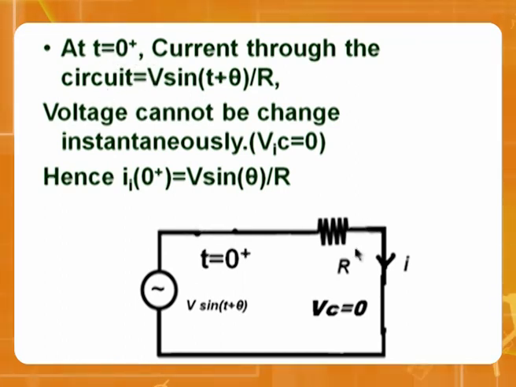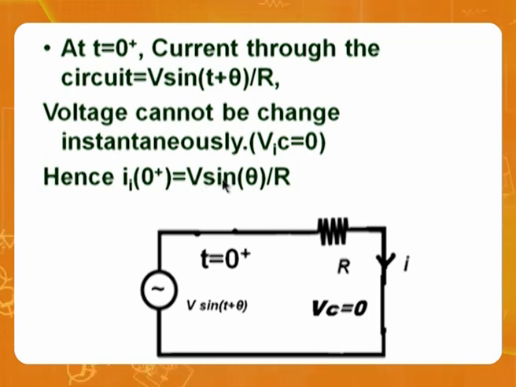Switch is closed, resistor is here. The capacitor cannot change its voltage separately and instantaneously. So V sin(t + theta) minus the capacitor voltage equals iR. Now what is the current if you want? V sin(t + theta) by R. Now if I substitute t = 0, what happens here?